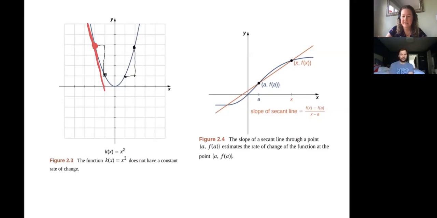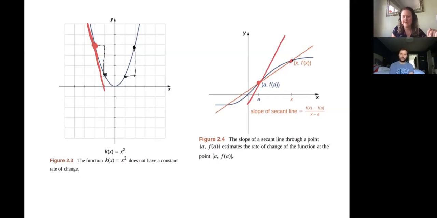So over here, if we're interested in the slope of the tangent line at this point, which would actually look kind of like this, what we can do instead is we can take a point sort of nearby and we can look at that secant line because we know how to calculate the slope of a line through 2 points, right?